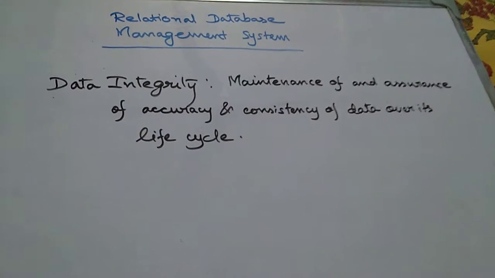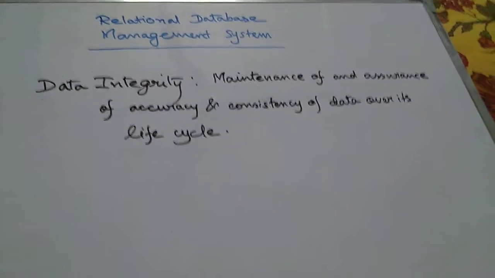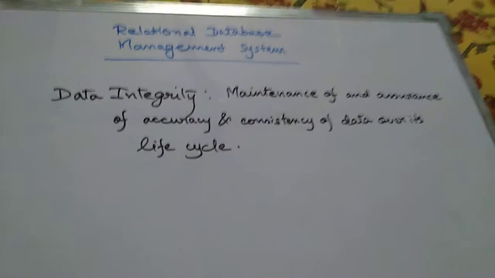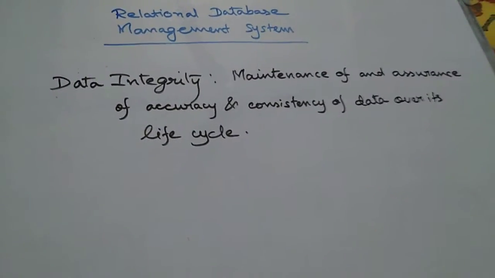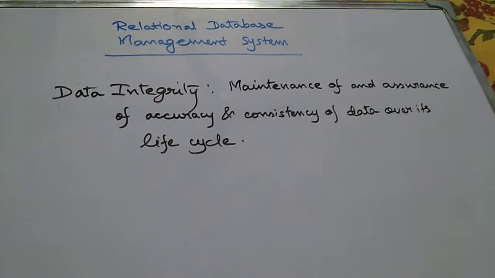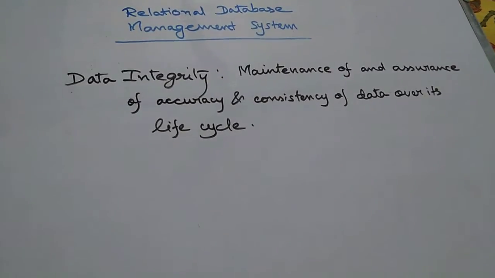In simple words, data integrity maintains the consistency of data throughout its life cycle, meaning it ensures that no data for a particular record can be tampered with.